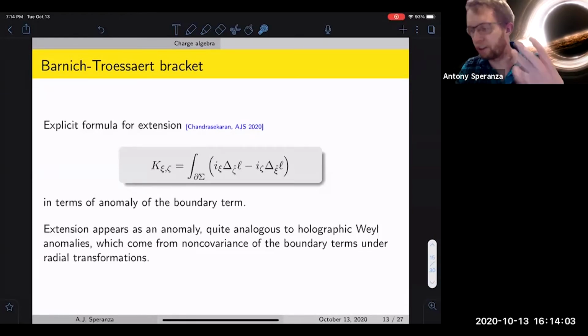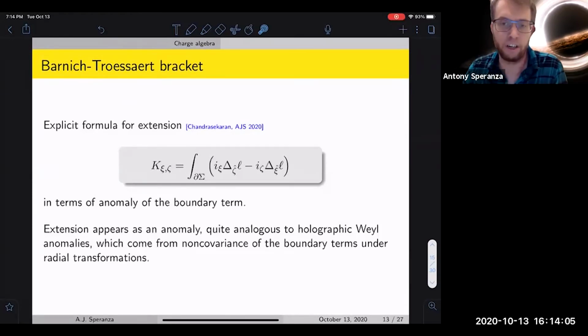And it's known that holographic Weyl anomalies appear from various non-covariance properties of those boundary terms under radial reparameterization. So this formula is quite analogous to that. It's saying that anytime your boundary term has this anomalous transformation, you can get an extension.